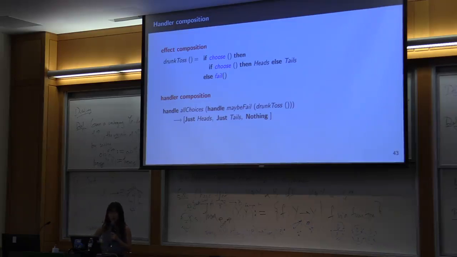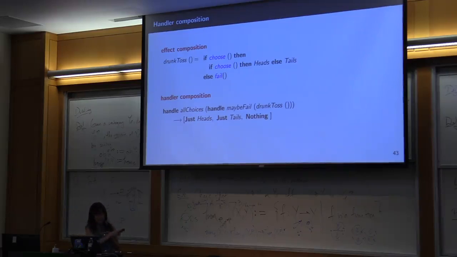So in the case of jump toss, because you have both the operation choose and fail, now you have to apply two handlers in order to get the result. So in this case, we handle jump toss first using the handler for maybe fail that turns the program type into a maybe. And then we handle it using all choices that turn the type of the program into a list. And what you have now is a list of maybe.